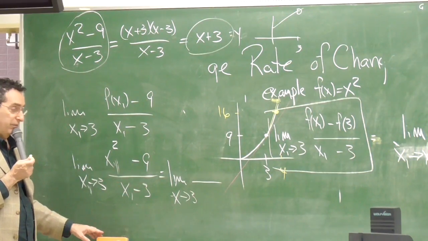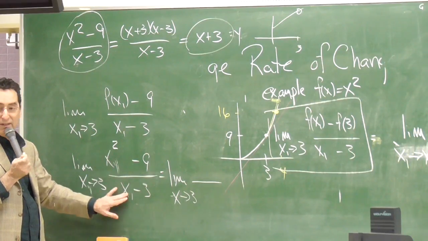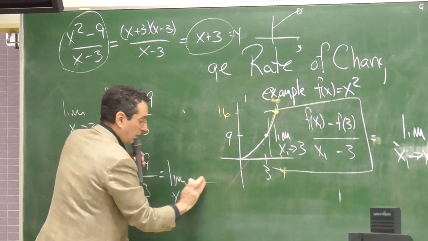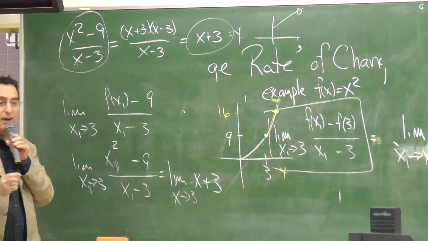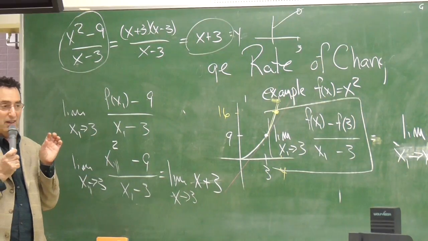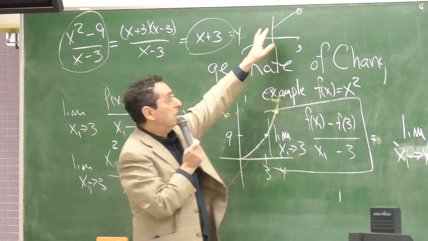So what can I do here? Well, we just said that I can just write it as x plus 3. Now that's technically a little tricky, because I'm working with this one.